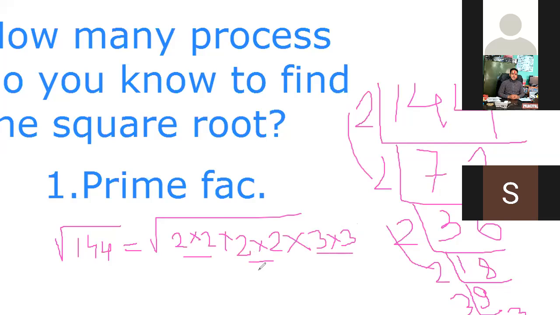So now from this pair, take 1 out. From this pair, 1 came out. From this pair, 1 came out. And from this pair, 1 came out. Now multiply, how much you will get? 12. 12. Okay, good.